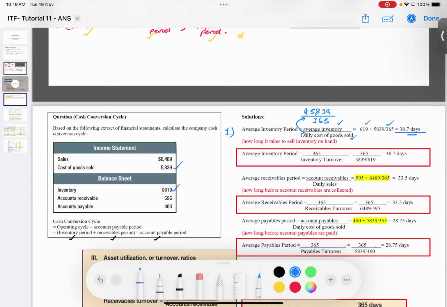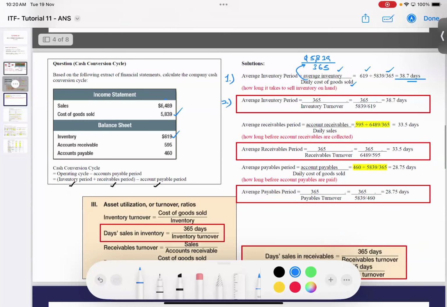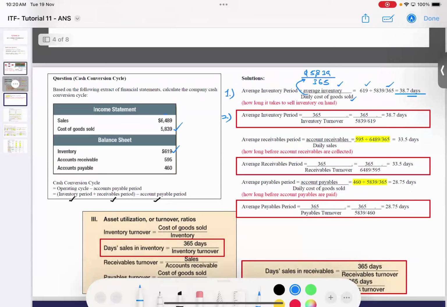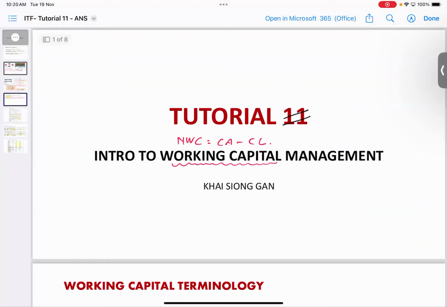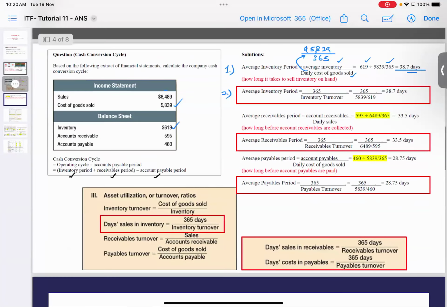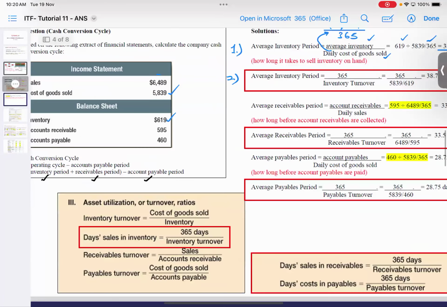The second method is to use the ratio that we learned in the financial ratio chapter.